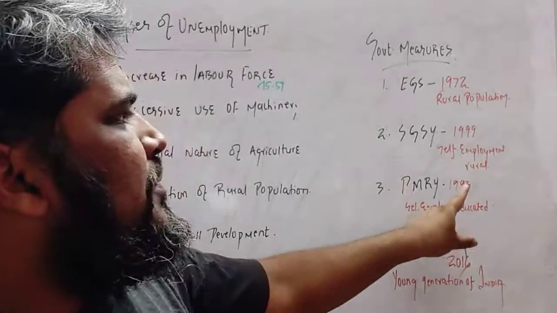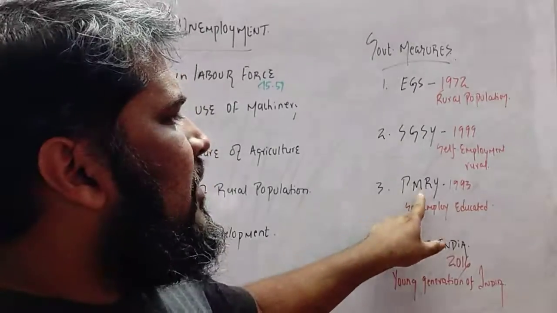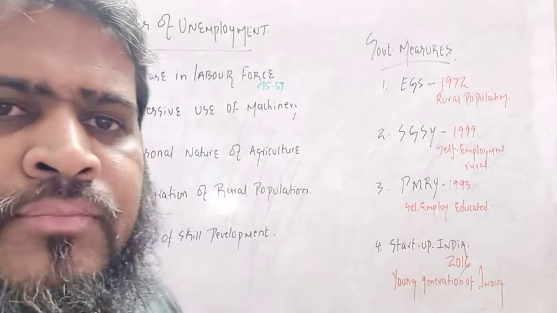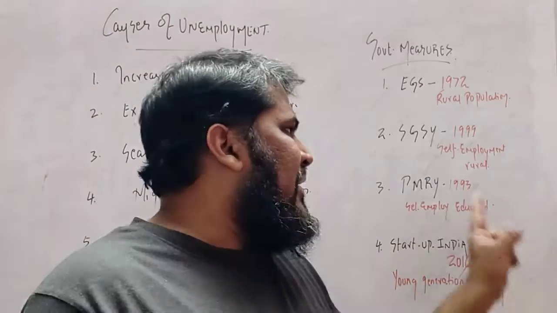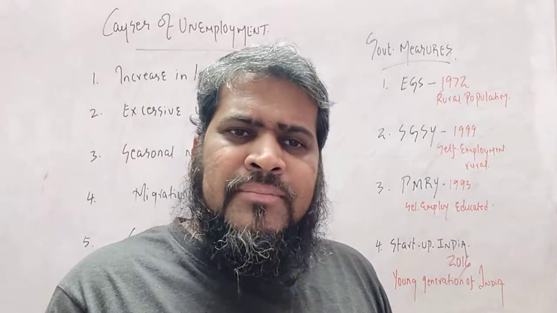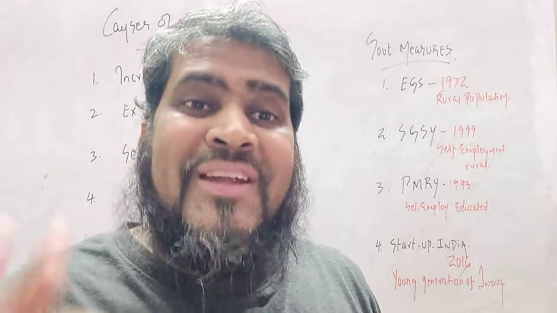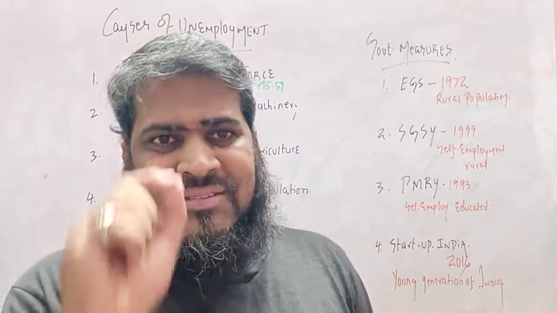Then a famous scheme was started in the year 1993. That was the Pradhan Mantri Rozgar Yojana. Rozgar means employment, Yojana means a scheme. It was started in 1993, and this scheme was focusing on self-employment for the educated unemployed. Listen properly.